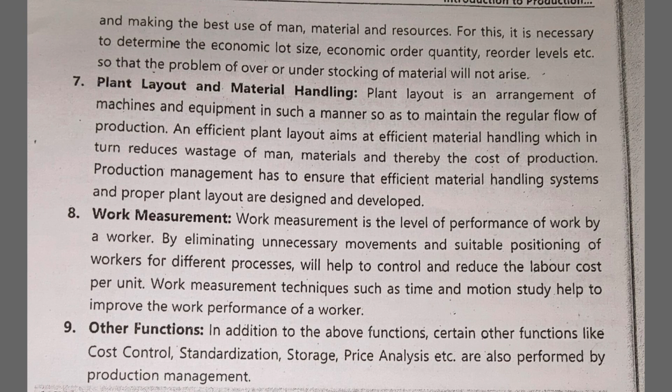Measurement techniques such as time and motion study help to improve the work performance of a worker. Ninth, other functions. In addition to the above functions, certain other functions like cost control, standardization, storage, price analysis, etc., are also performed by production management.